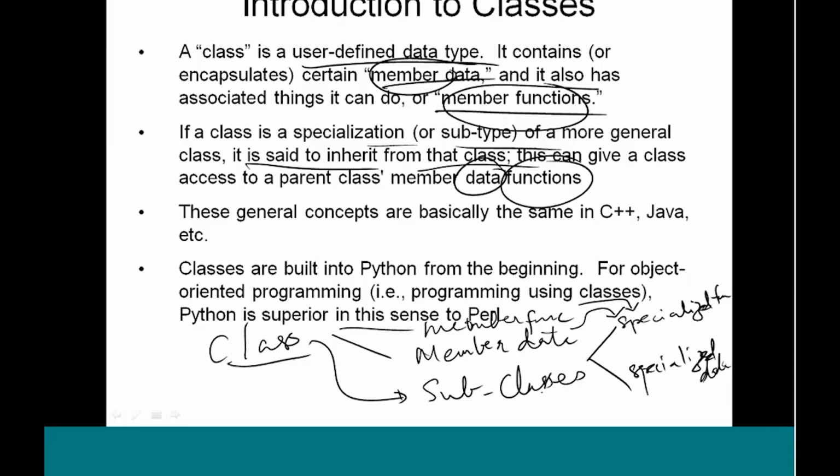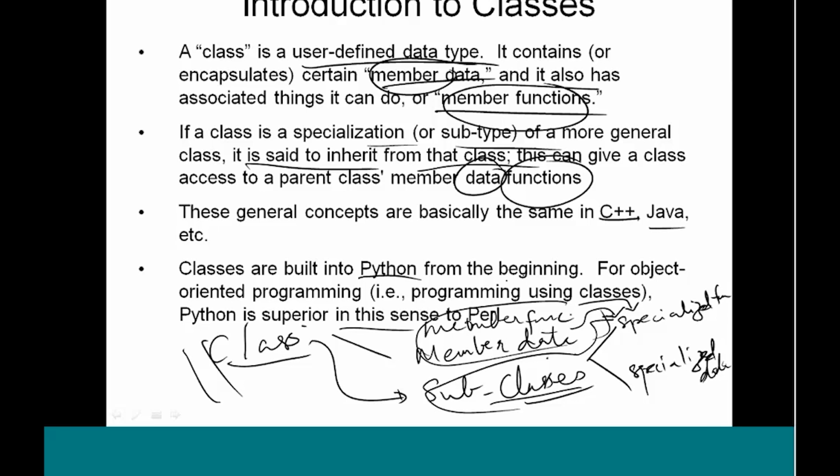So this is the way that you can look at what classes are and how the various functions can be defined. The member functions and member data that the subclass gets from its parent class is called inheritance, or this is basically an inherited class. These terminologies are pretty much the same as in C++, Java, etc. These are general concepts in other languages as well.